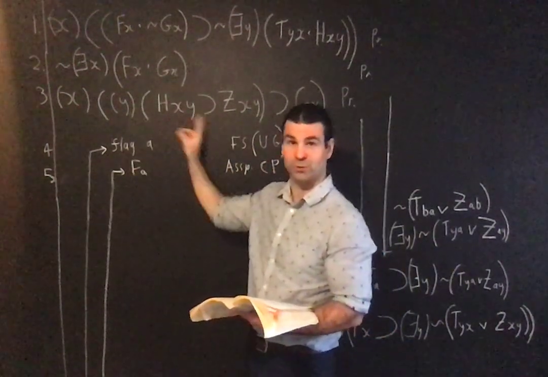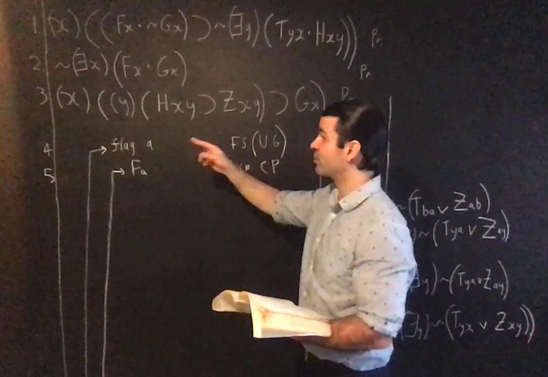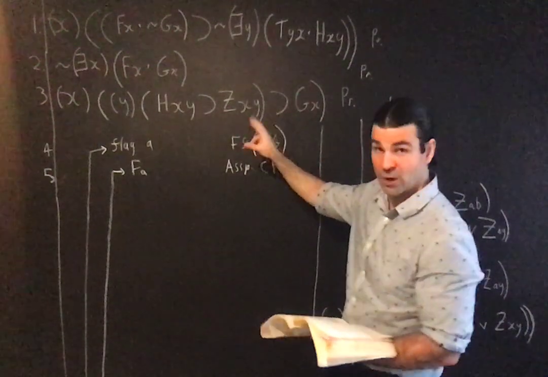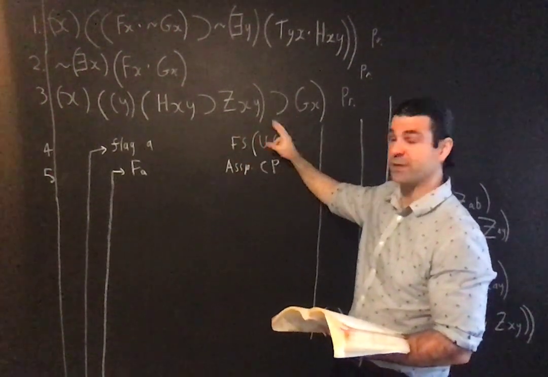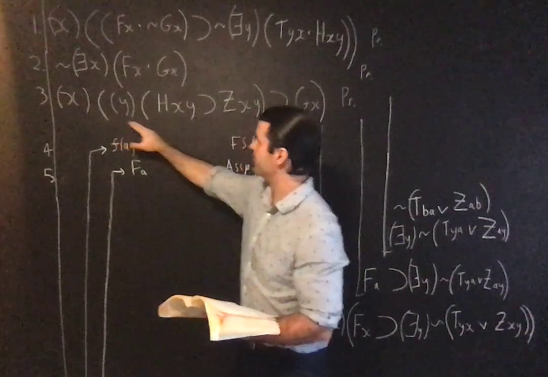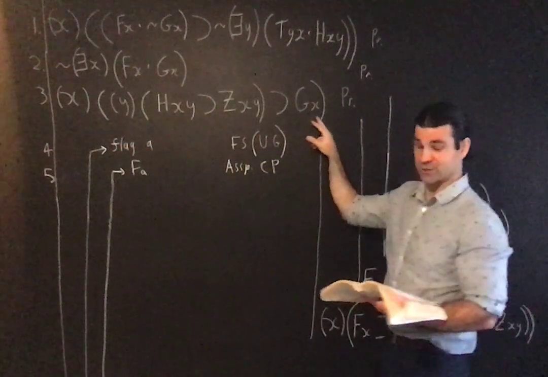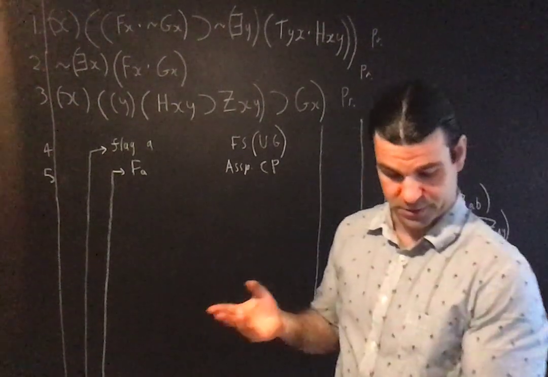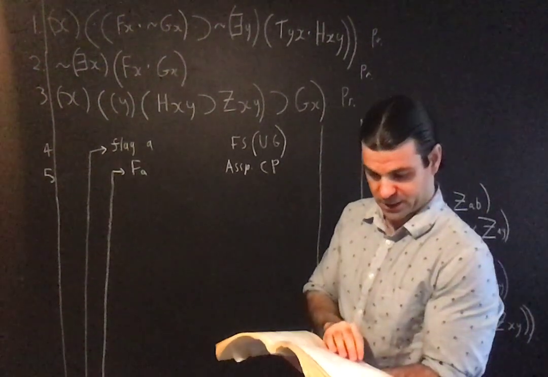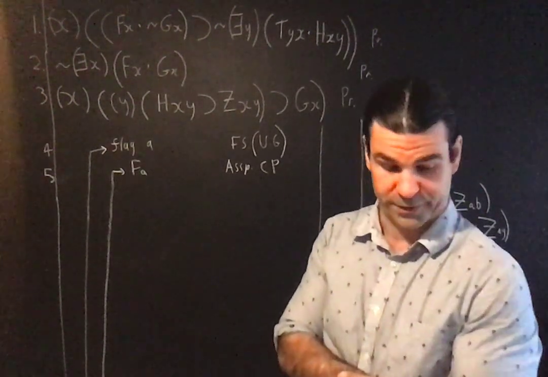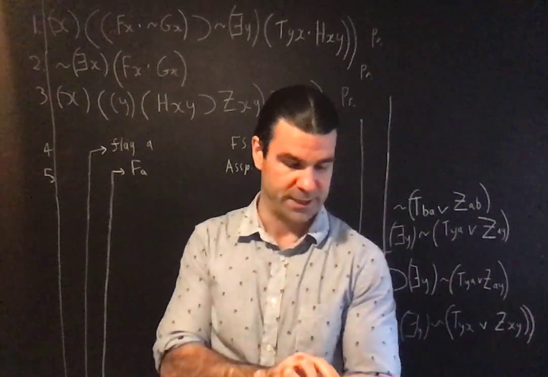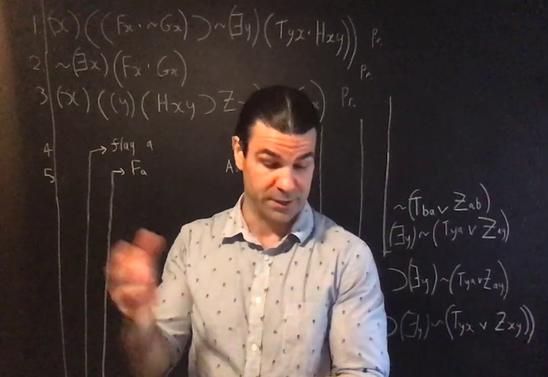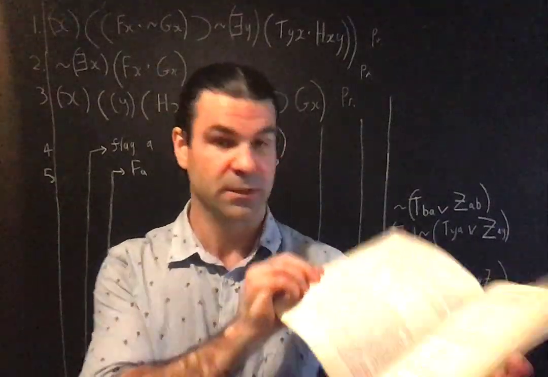Notice that the result of universally instantiating from 3 will not be another universal, but will rather be a conditional, right? With this as the antecedent, and that is the consequent. Actually, after this proof, she gives you on 348 a few reminders about the importance of parentheses, right here in the book.